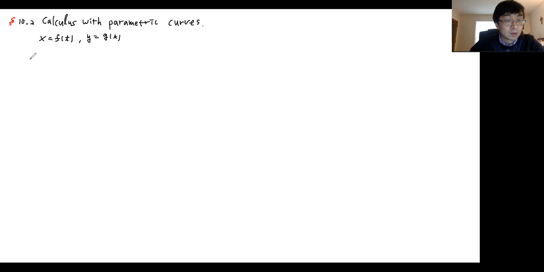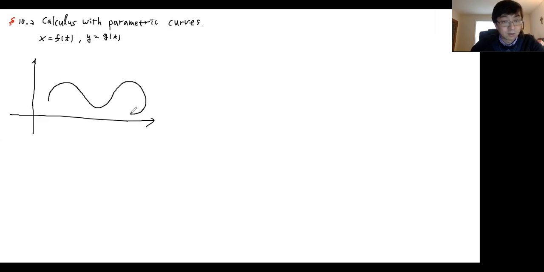We can draw the graph of this, like this, with a direction. This is a parametric curve. I can choose one point here and draw a tangent line, like this.